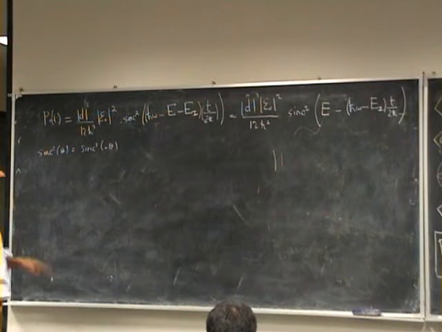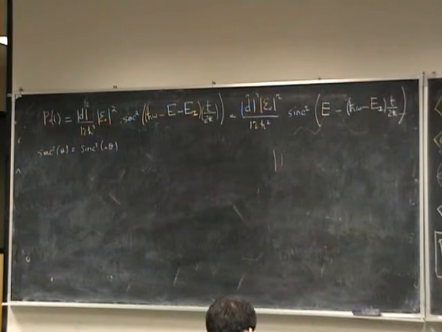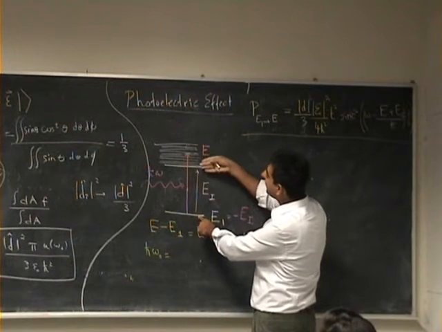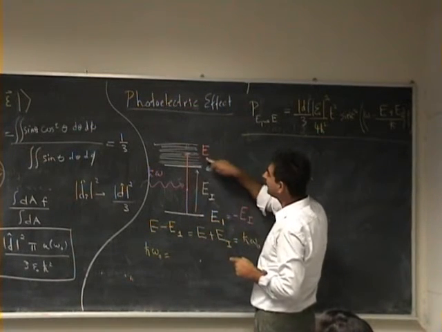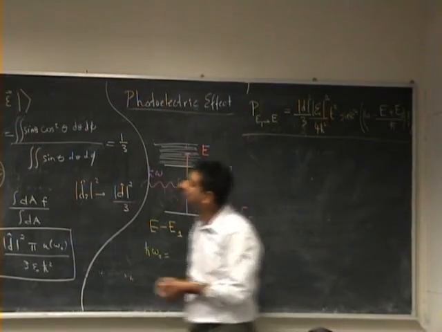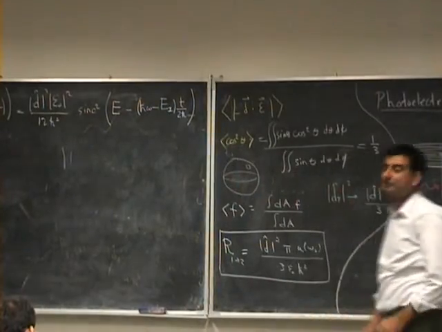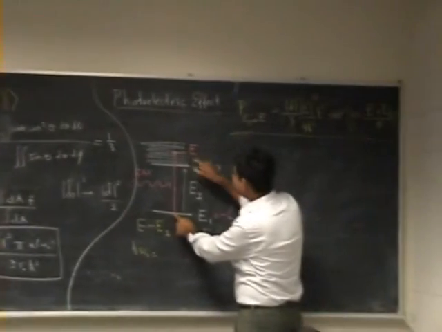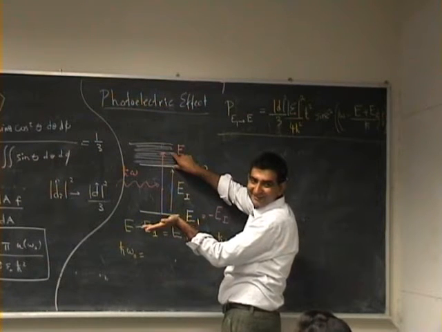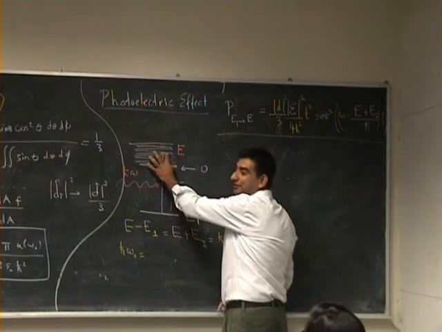So this is the probability of making a transition from this initial energy level to this final energy level. ठीक है? अब ये E is a continuous variable. I would like to make my E a continuous variable. ठीक है? और notice करो कि ये जो term है H bar omega minus EI. This H bar omega minus EI is how above am I from the vacuum level, which is the kinetic energy of the photoelectron.